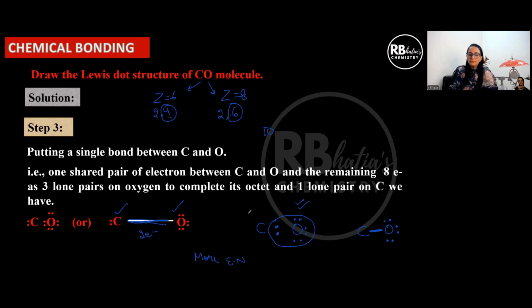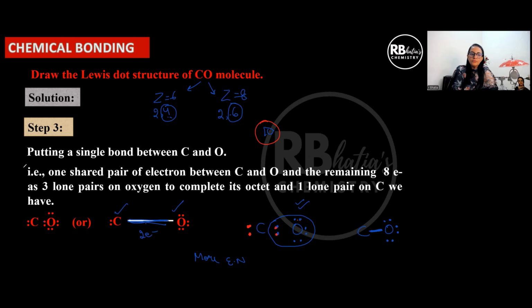These 2 electrons will be put here as a lone pair on the central atom. Now the central atom carbon has 2 and 2, 4 electrons. I need 4 more to complete the octet of carbon, but we've already used all the electrons of the pool: 1, 2, 3, 4, 5, 6, 7, 8, 9, 10, all gone.